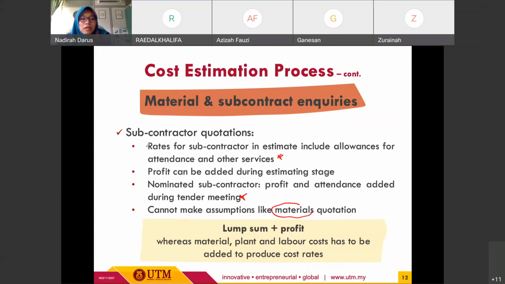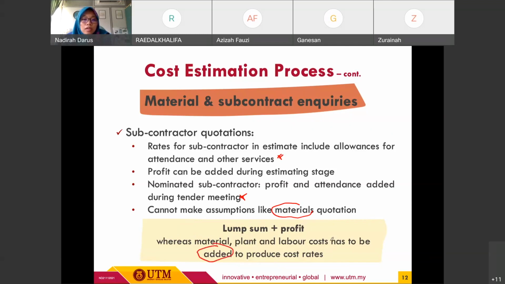Overall, this subcontractor quotation consists of lump sum and also profit allocation, whereby in this quotation, material, plant, and labor cost has to be added at the end to produce the cost rate.